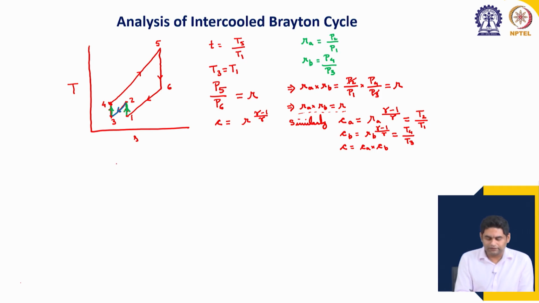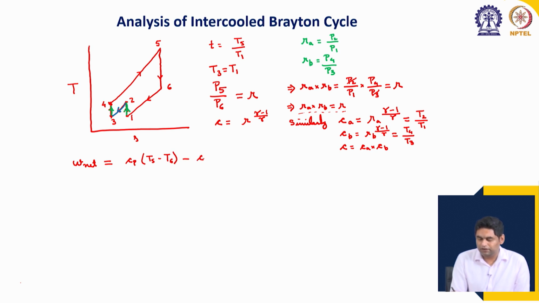Now, let us analyze the cycle. What is the expression for W net? So, net work output is C P (T5 minus T6) minus, there are two compression processes now, we have to consider both of them, minus C P (T2 minus T1) minus C P (T4 minus T3).